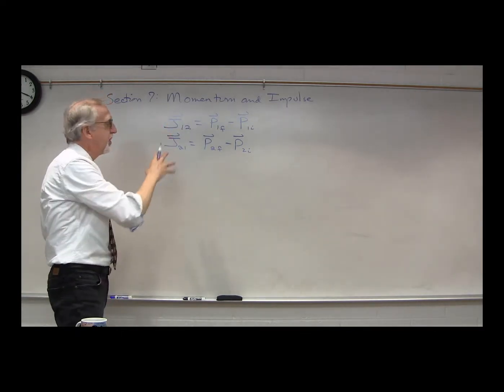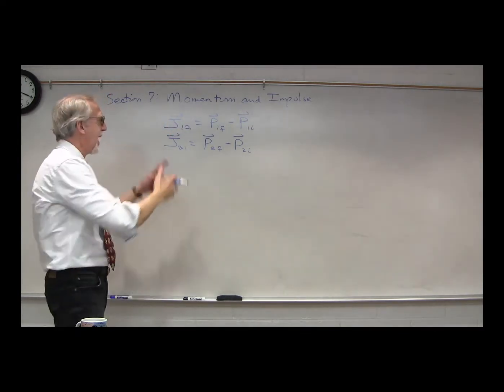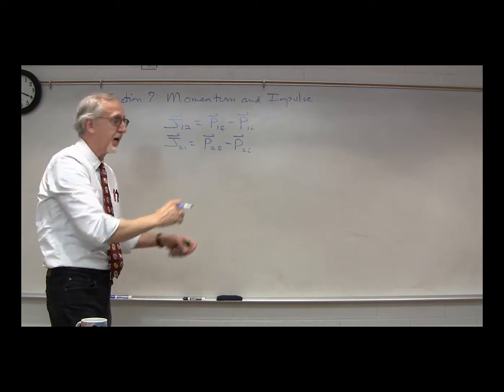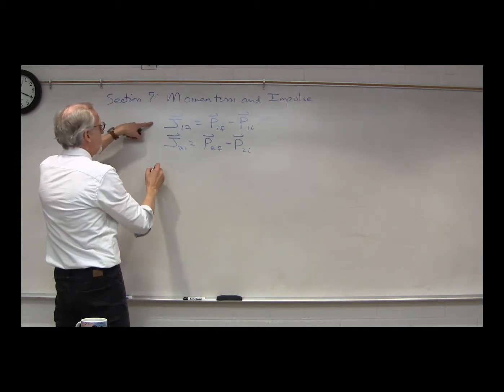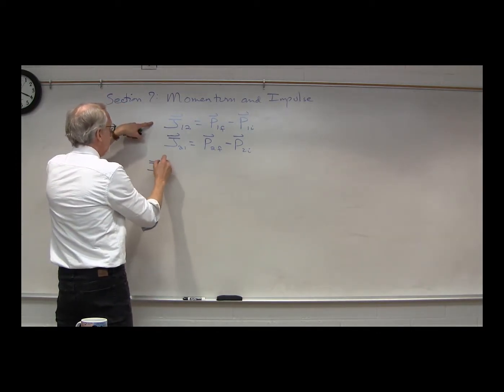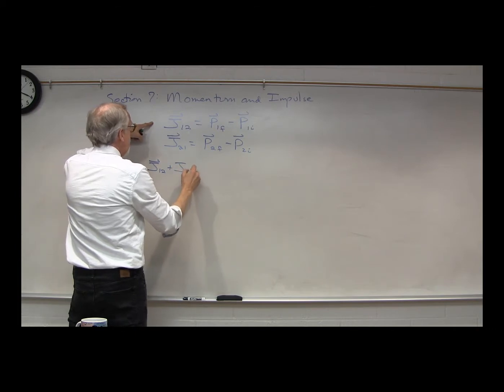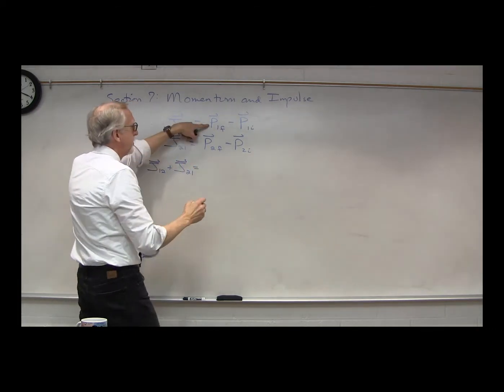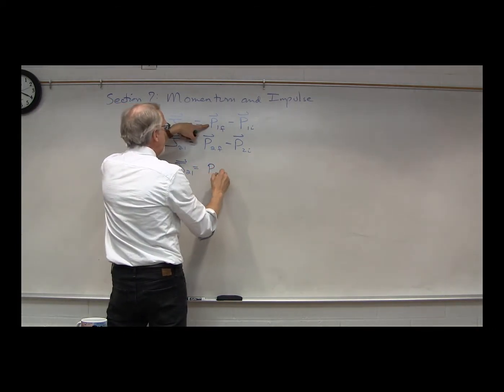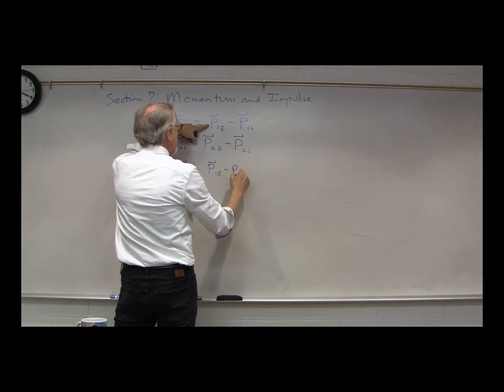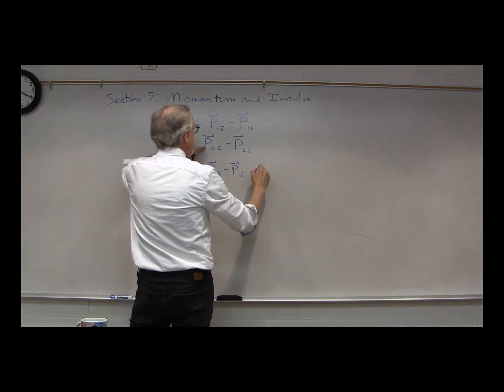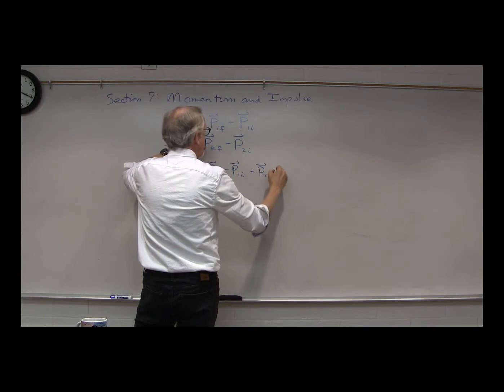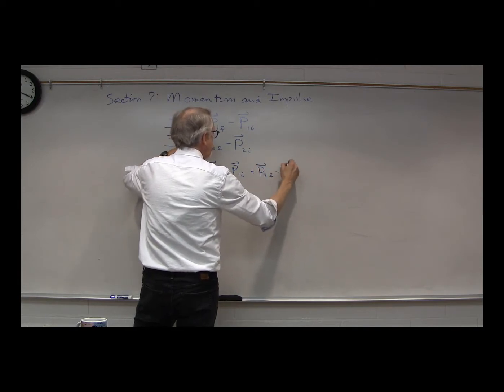Now, let's add these two equations together. We'll just add the left sides, add the right sides. What do we get? On the left, we get J12 plus J21 equals, and then on the right side, P1 final minus P1 initial plus P2 final minus P2 initial.